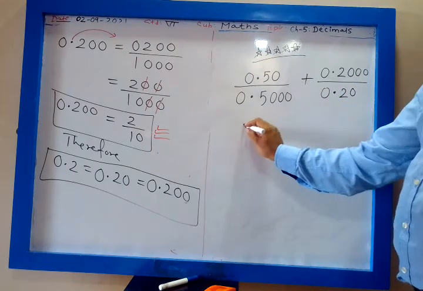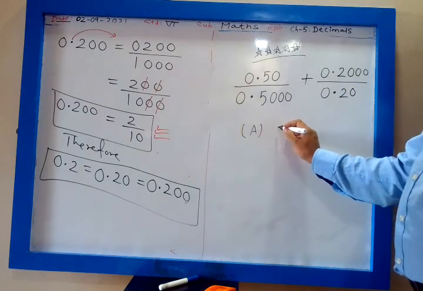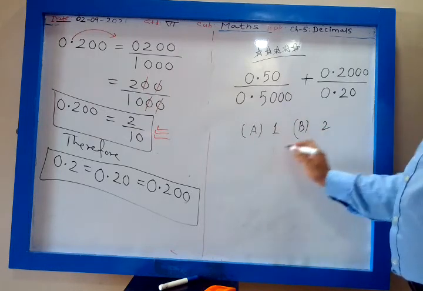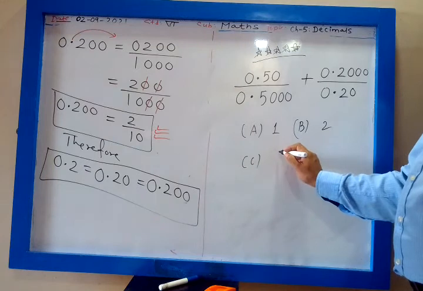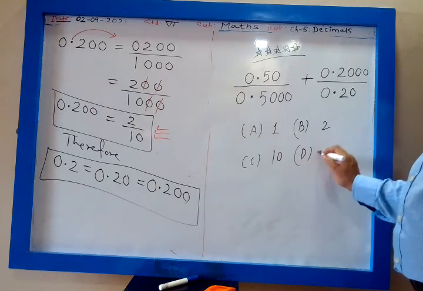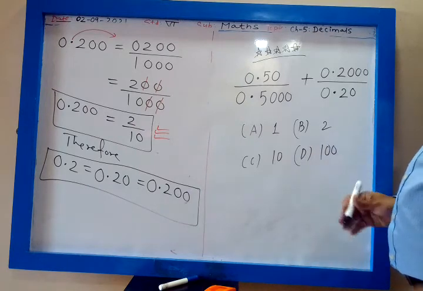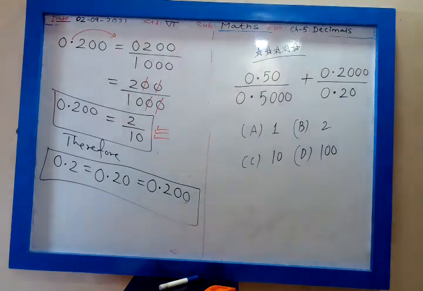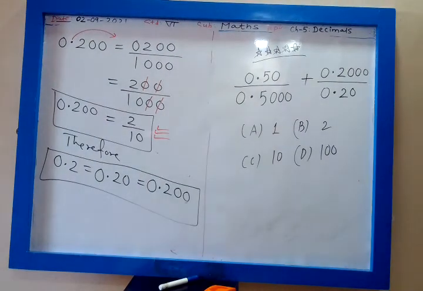What is the answer? A is 1. B is 2. C is 3. D is 10. Chalo, tell me the answer. Yes, very quickly, my dear.